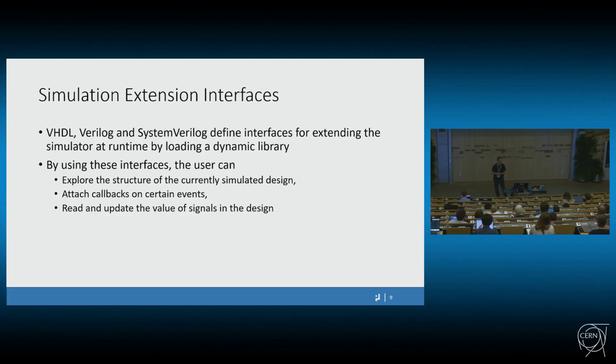VHDL, Verilog, and SystemVerilog all define interfaces for extending the simulator at runtime, so you can load a shared library into the simulator and perform a user interface to explore the structure or hierarchy of the currently simulated design. You can attach callbacks on certain events, and you can read and update the signal values of the design.